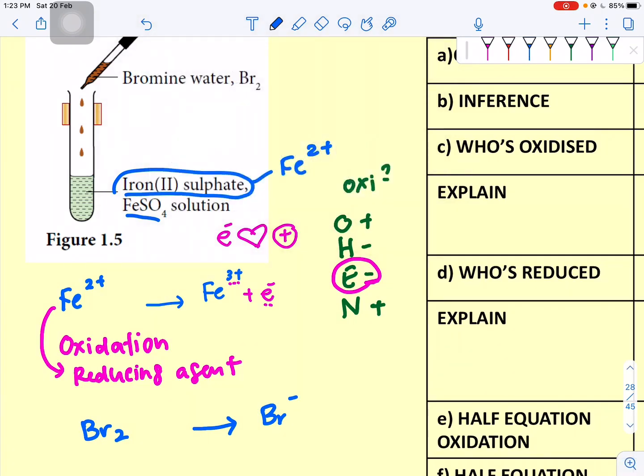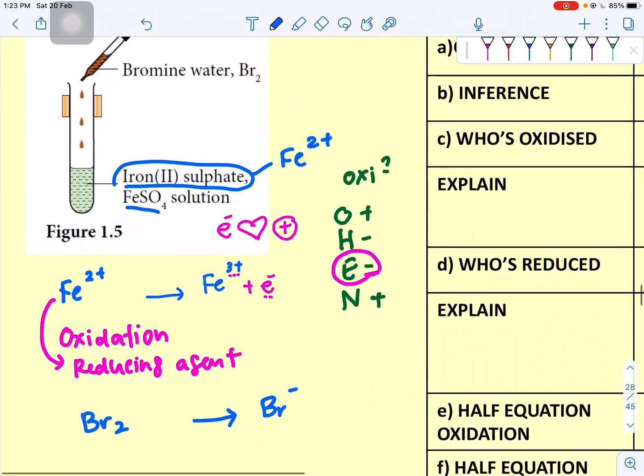Let's say you don't know whether it is Br2 negative or Br3 plus, that is a bit of a problem. So make sure you really know the charge. Bromine is Br2 and bromide is Br negative. So what are we going to do next? Balance it. The left side has 2 Br, the right side has 1 Br. So to balance, I put 2 in front.